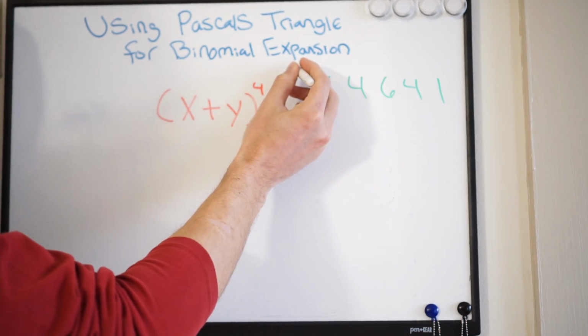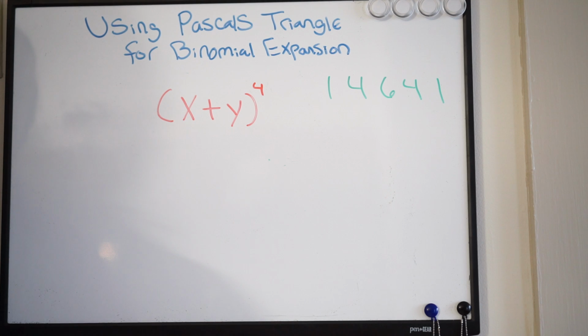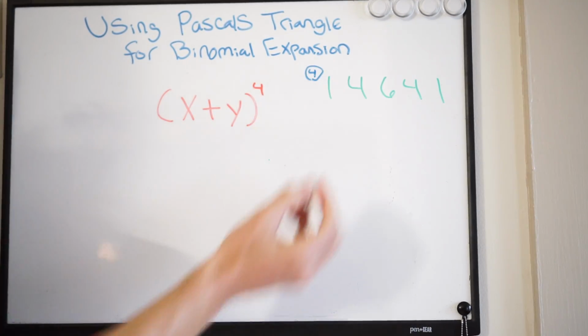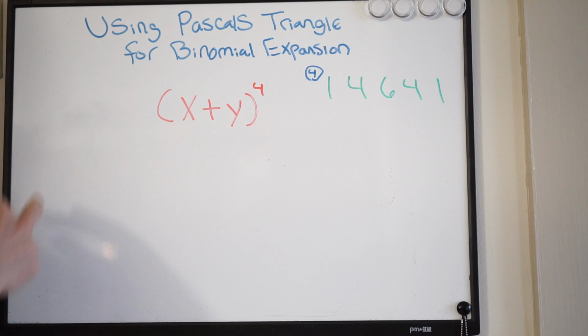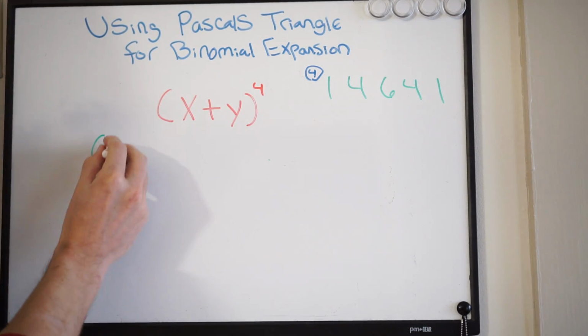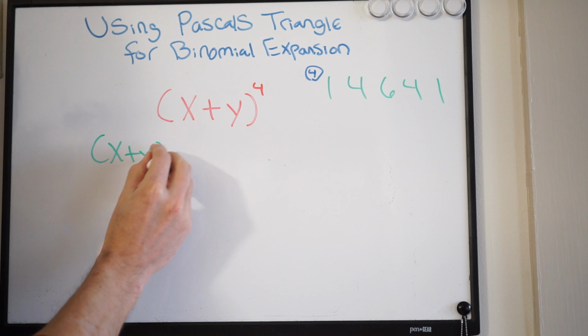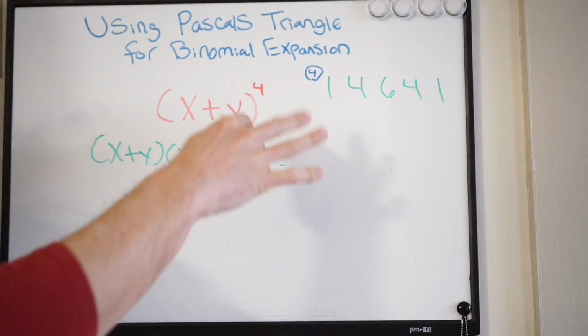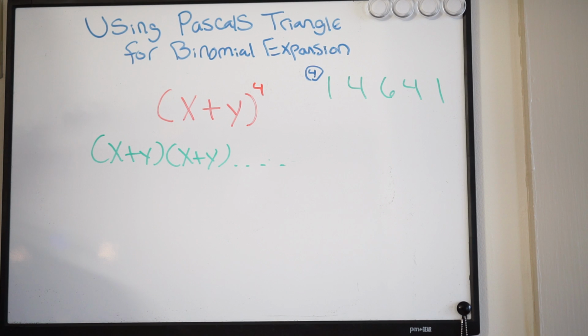And this is for a degree of 4. Again, so you're going to do business as usual. Again, can you imagine how much work this would be if you had to expand this all out? Simply by doing x plus y, right? x plus y, right? And you have to multiply that all out. That's a lot of work.